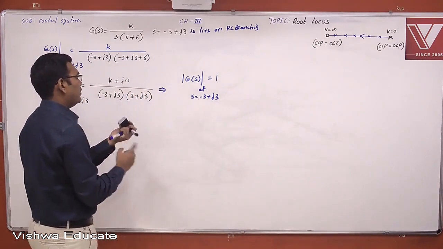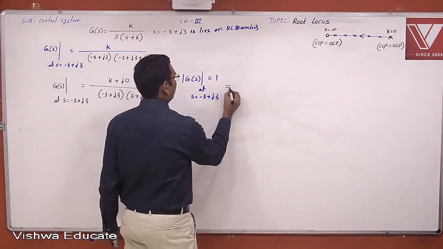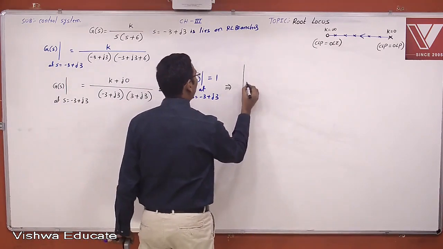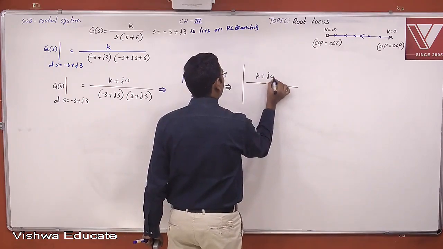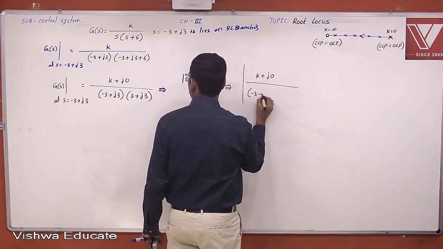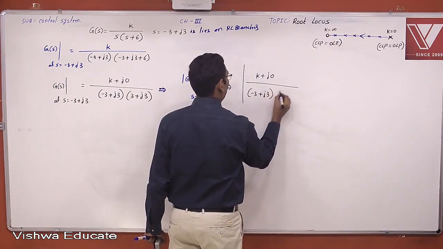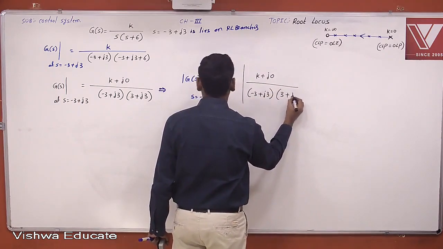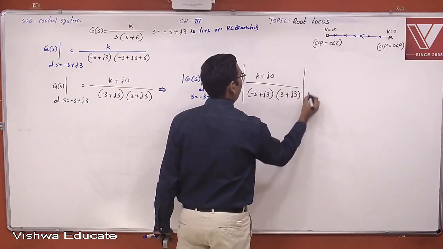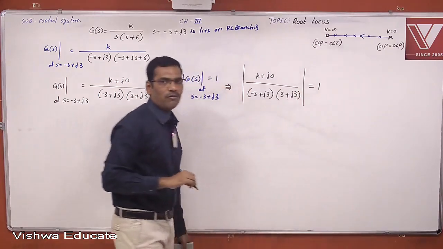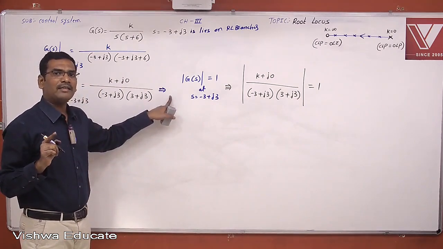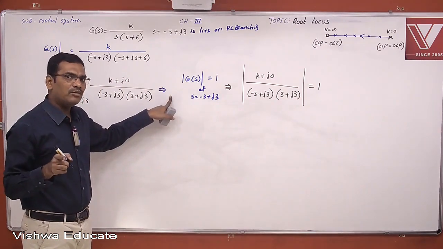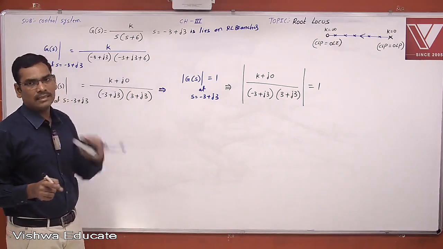The magnitude condition is the magnitude of K divided by (S plus J0)... at minus 3 plus J3 and 3 plus J3, and this magnitude is equal to 1. This is the magnitude condition. Don't apply the magnitude condition everywhere. Apply it only when the angle condition is satisfied.